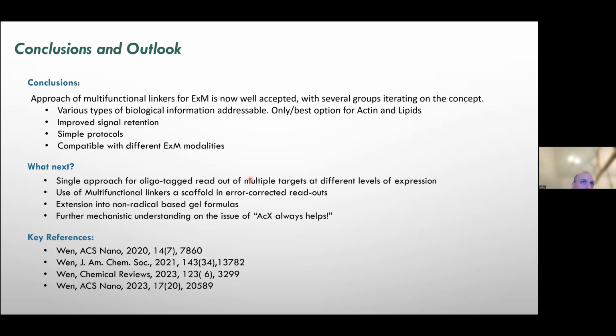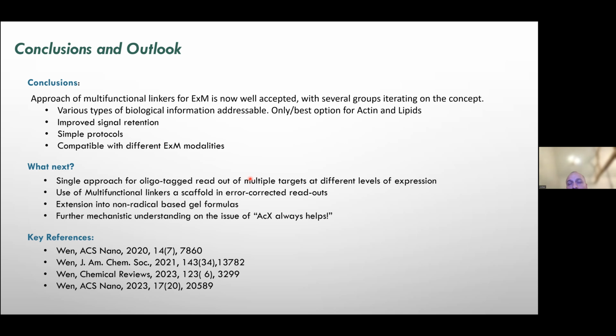And overall, the protocols are very simple. Just dunk the reagents with your antibody or with your nucleic acid, and you should be ready to start your expansion microscopy experiment. And they also work over all the different expansion modalities, and there are by now quite a lot of those.